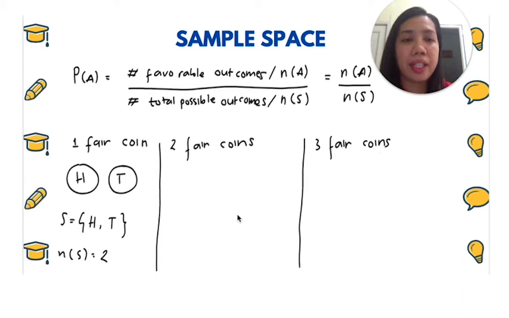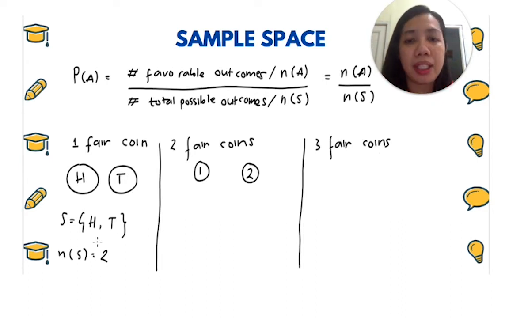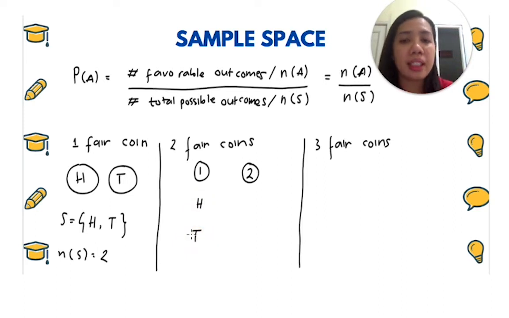To solve this, we're gonna use a tree diagram. I'm gonna put all possible outcomes of the first coin here, and all possible outcomes of the second coin here. When we toss two fair coins, in the first coin we have two possibilities, head and tail. Let's say in the first coin we get a head.